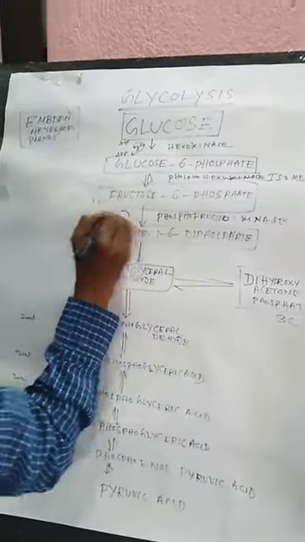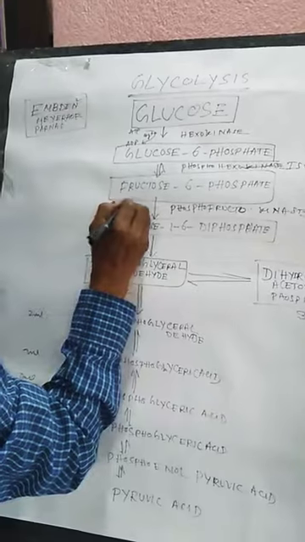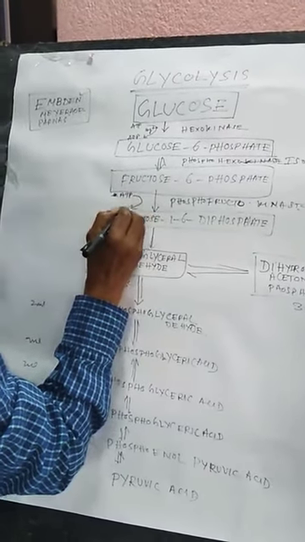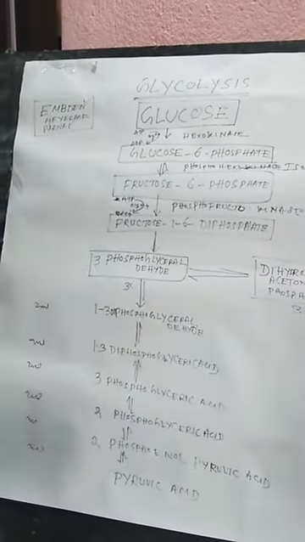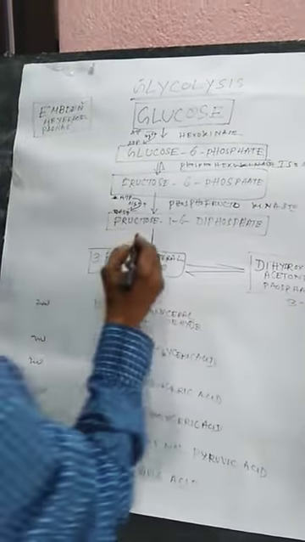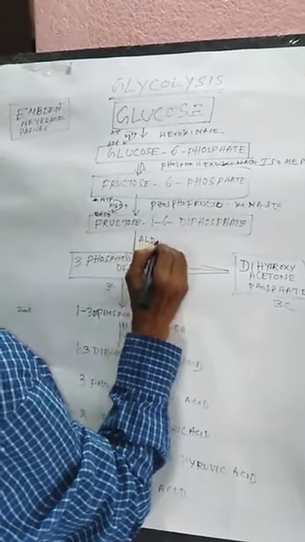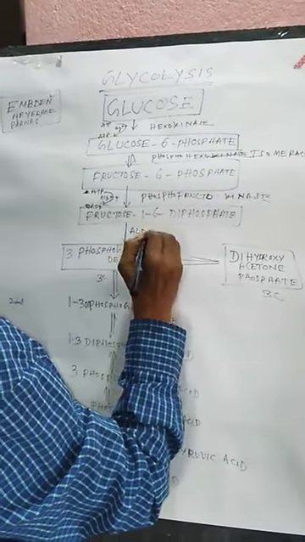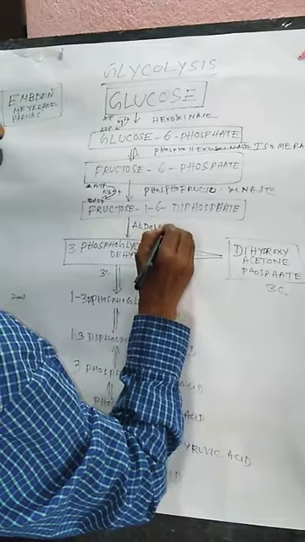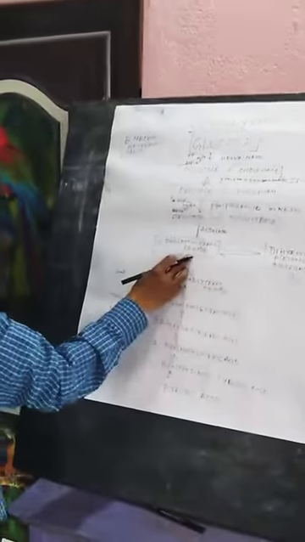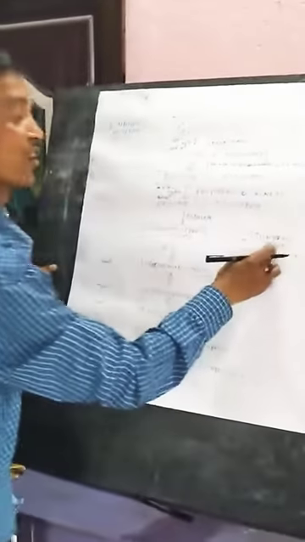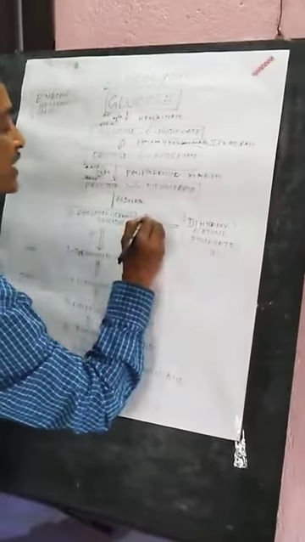Here the kinase uses ATP to ADP, with Mg2+. Then the enzyme aldolase breaks fructose 1,6-diphosphate into 3-phosphoglyceraldehyde and dihydroxyacetone phosphate, which are interconvertible. Here the enzyme is isomerase.